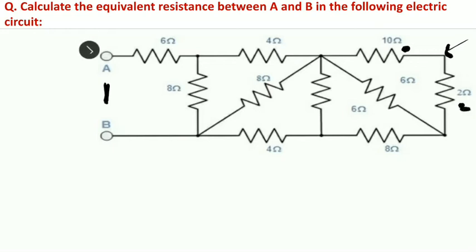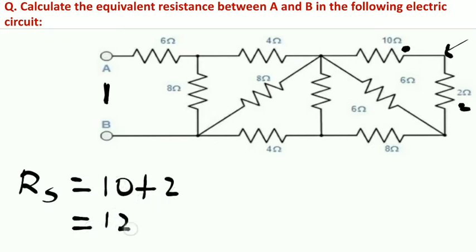Let us calculate the resultant of these two resistors, which will be 10 plus 2 equal to 12 ohm. So the resultant of this 10 and this 2 is 12 ohm. So we can remove them and put the resultant of these two resistances.